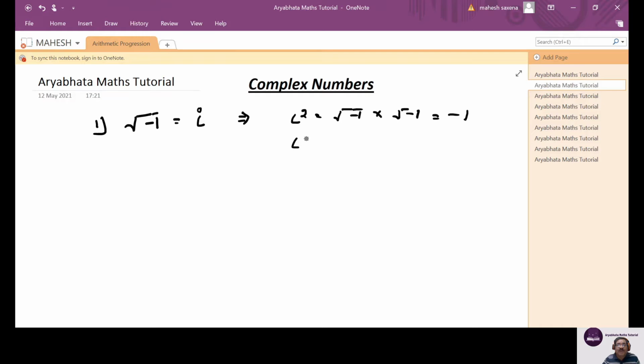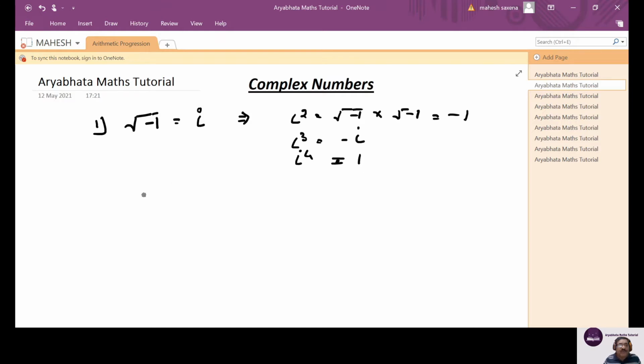Similarly, i cube will be minus i, and i to the power 4 is equal to 1. Therefore, i square is equal to minus 1, i cubed is equal to minus i, and i to the power 4 is equal to 1.